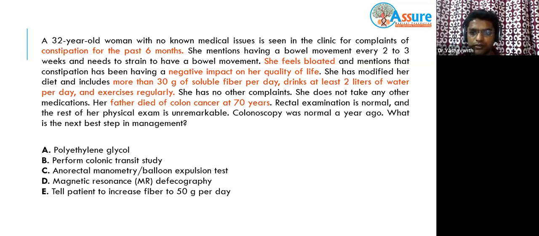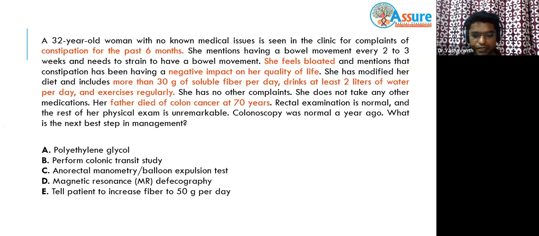She feels bloated and mentions that constipation has been having a negative impact on her life. Her diet includes more than 30 grams of soluble fiber per day, she drinks at least 2 liters of water per day, and exercises regularly. Her father died of colon cancer 70 years back. Rectal examination is normal. The rest of her physical examination is unremarkable. What is the next best step in management?